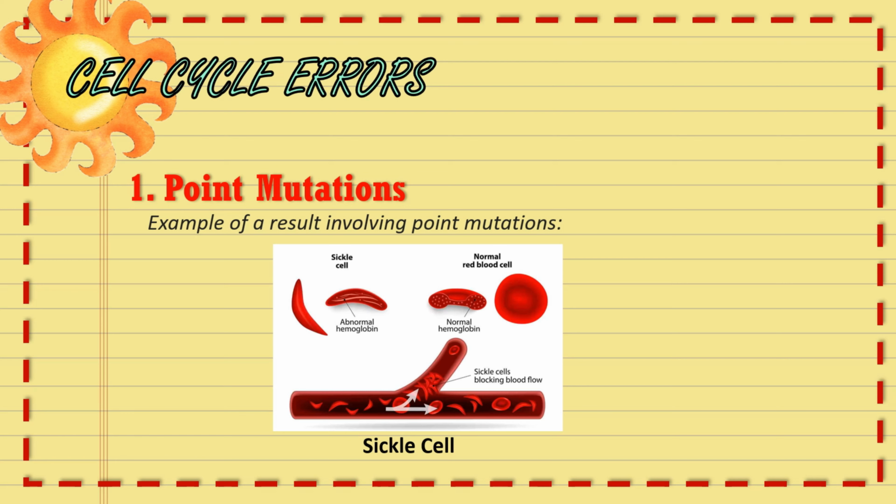As you can see, on the right part is a normal red blood cell, but on the left part is an abnormal red blood cell. So when the red blood cells flow into the veins, the sickle cells can cause abnormal blood flow or block the blood flow, which will have an adverse effect on the human.